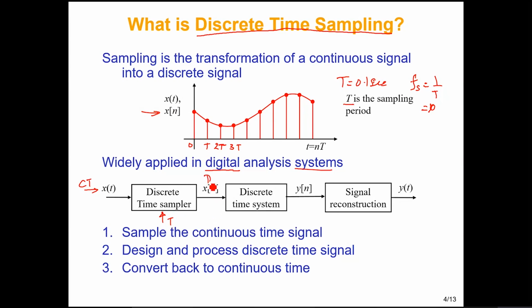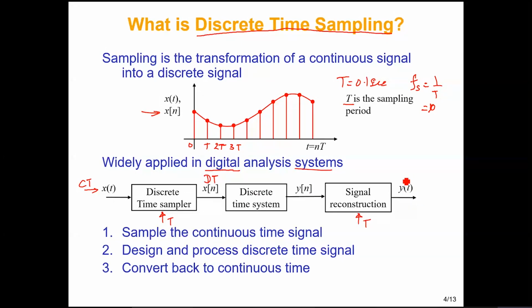This is your discrete time signal. Once we have our discrete time signal, it becomes very easy to do whatever manipulation and analysis we want, and get our desired y of n. And once we have y of n, we can always convert the signal back into y of t.